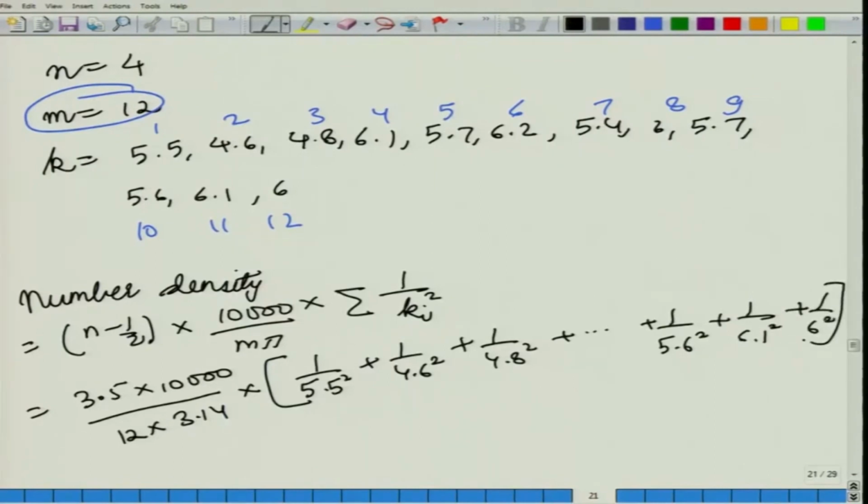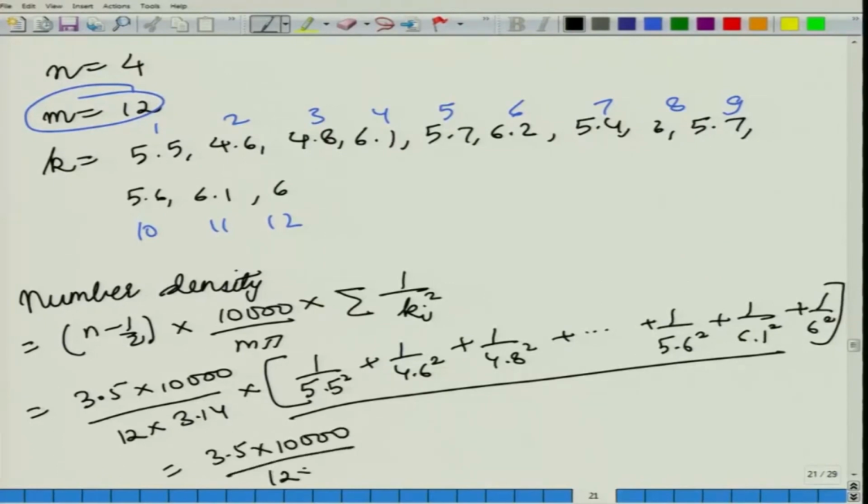Now, in most probability your calculators will not be able to calculate this whole value. So, what you will be doing is taking the values one by one. So, we will have 3.5 into 10,000 upon 12 into 3.14, and then you calculate these values, 1 over 5.5 square, one by one, then you take this sum.